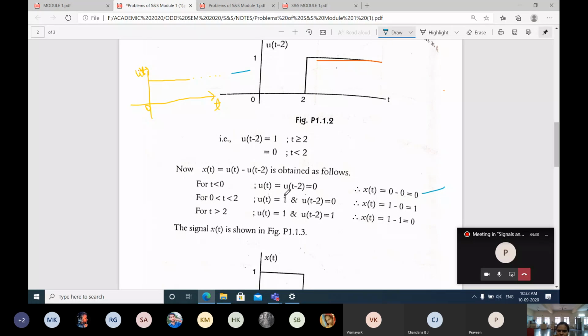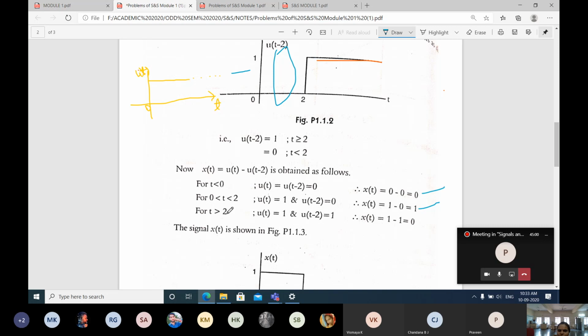For that reason u of t is 1. In the second signal, u of t minus 2 has no signal from 0 to 2, for that reason it is 0 only. So 1 minus u of t minus 2 is 1 minus 0, which means 1 only.